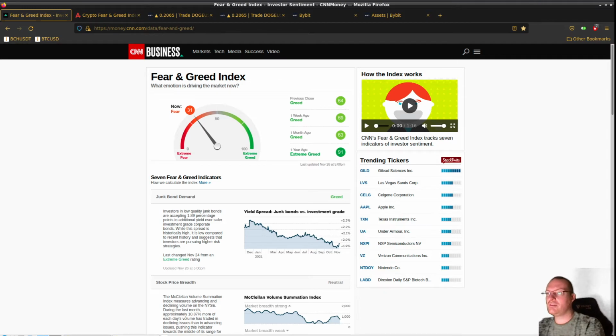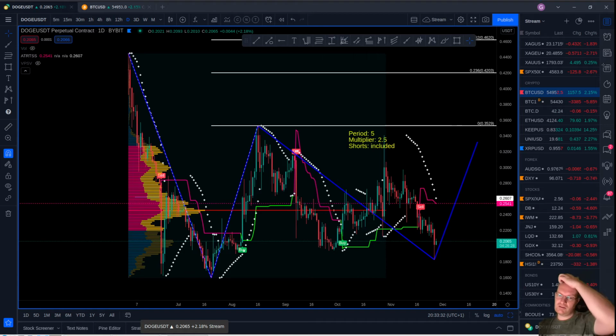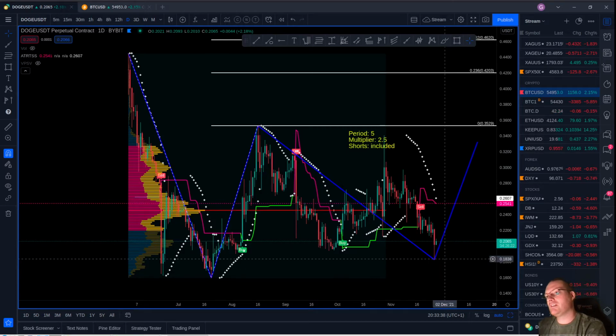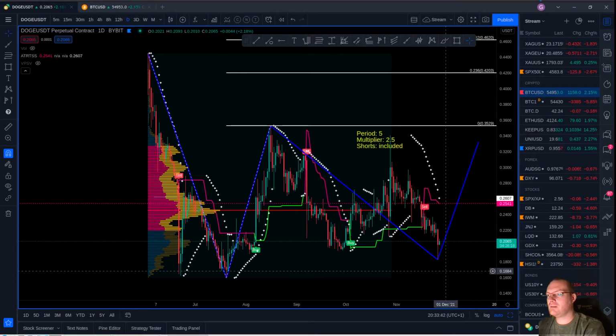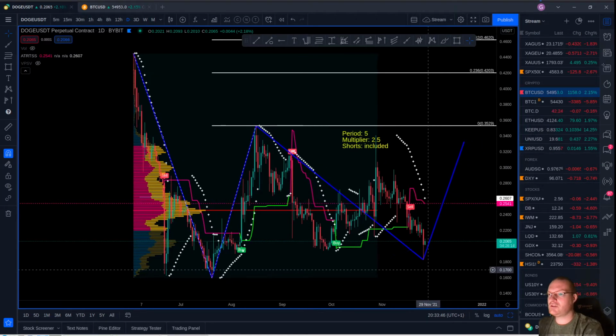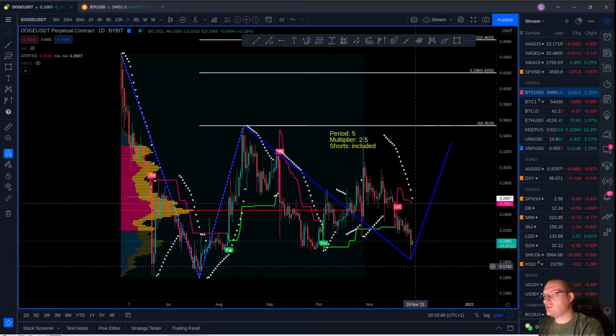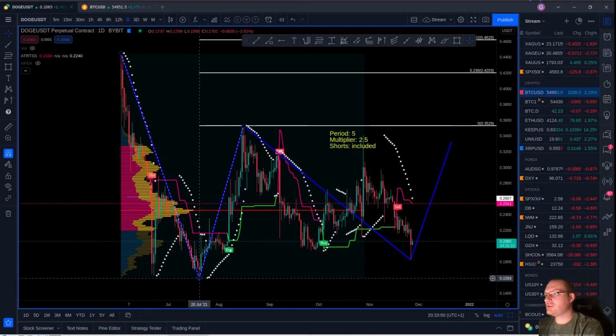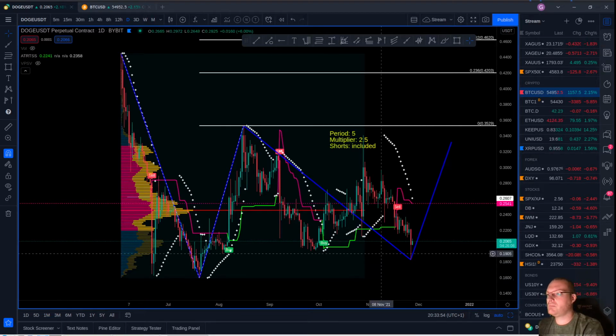Okay, fearful, not extreme fearful. So that's why I think there's still potential to the upside, because people are now panic selling, and that's always good to load up and then push upwards to liquidate all the shorts. So as long as we don't take out this low for Doge, then I'm still bullish.